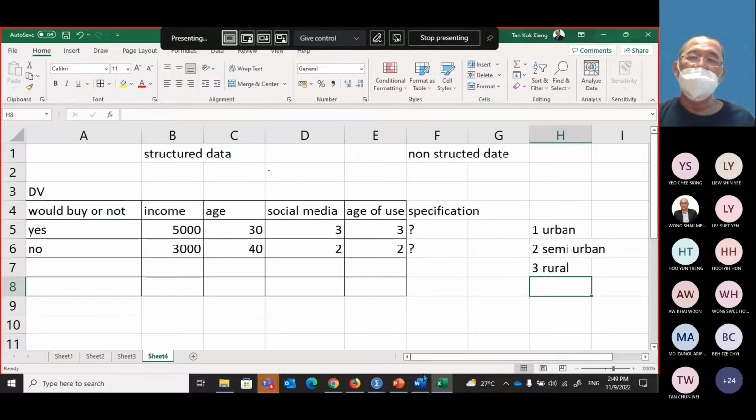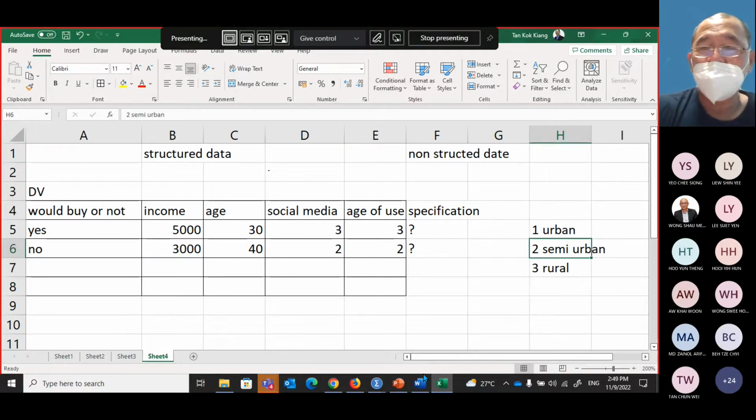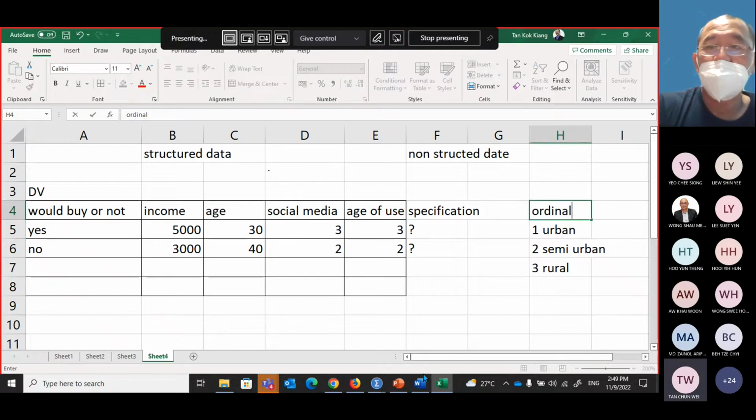Are these dummies? No, not dummies. It's more like a scale. It's categorical, but more. No, ordinal. This is ordinal.